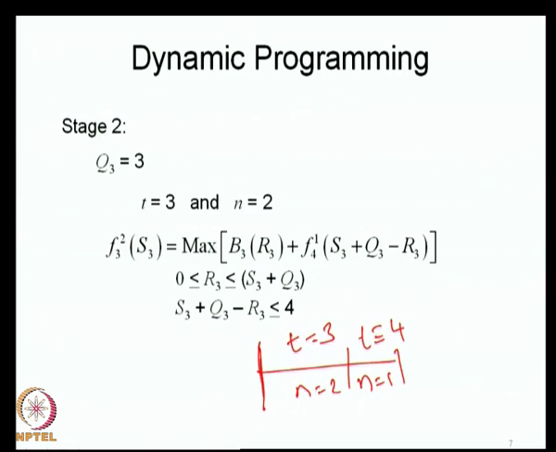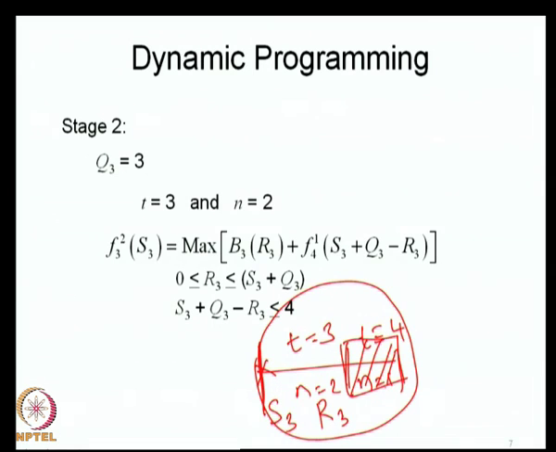We said if the storage at the beginning of the time period 3 is known, then what should be my release R3 such that the total objective function value, including what we have already solved for stage number 1, t is equal to 4, is maximized, and this is where we are using Bellman's principle of optimality.